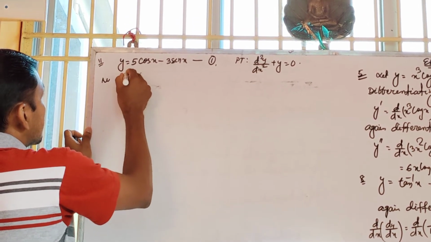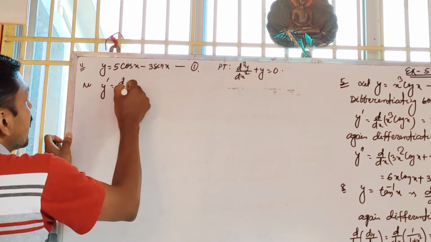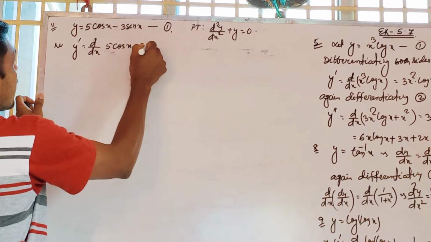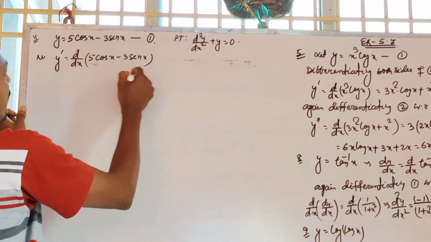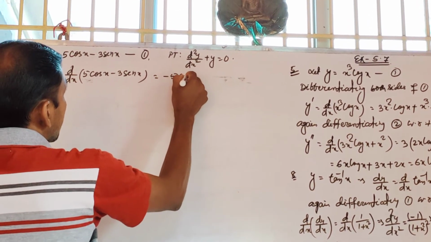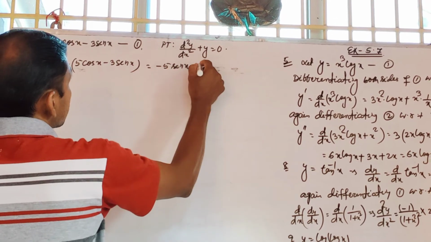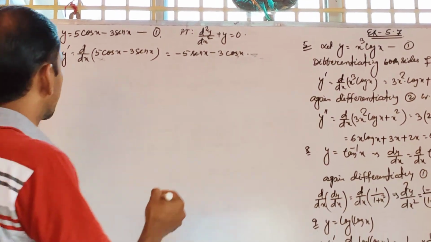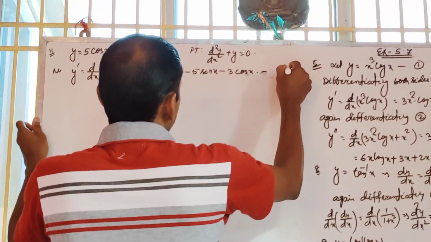Now y dash means d by dx of 5 cos x minus 3 sin x. The derivative of cos is minus sin, so it will be minus 5 sin x minus 3 cos x. Give it number 2.